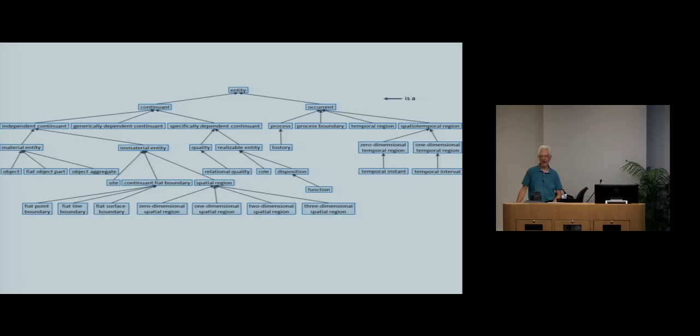So SNOMED, I guess, still has terms like absent nipple. Oh, they have been removed. No, there were lots of those things, but there are still a couple of mistakes in that area.